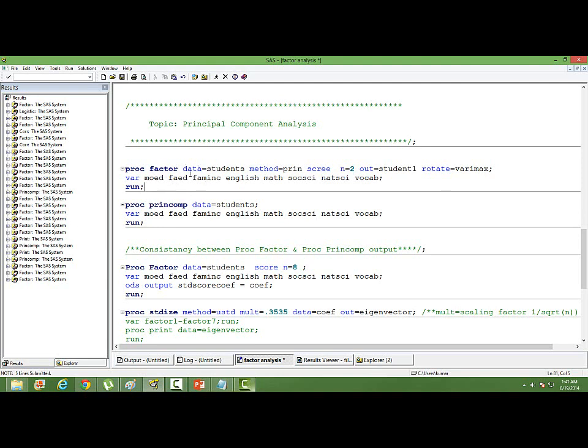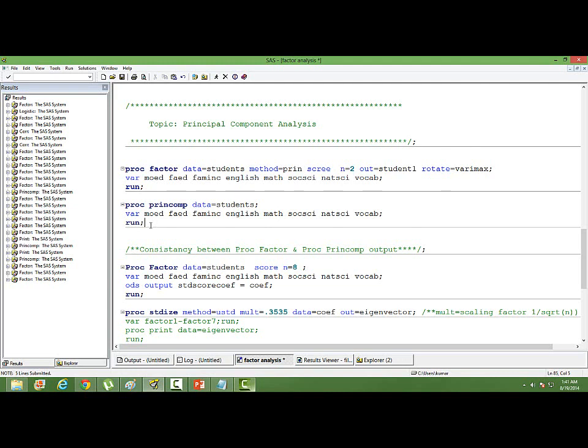In proc factor, it uses the standardized data and the total variance is nothing but the sum of all the variances. Each variable has a variance of 1 because it's standardized data. So what is the total variance? It's the sum of 8 ones. So the total is 8.